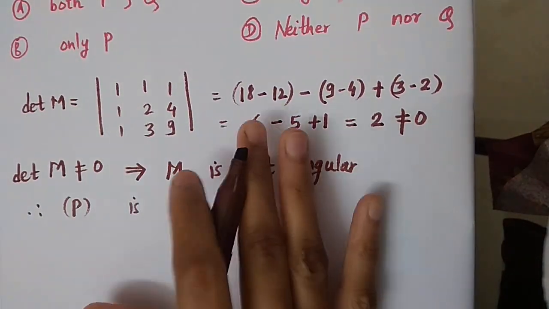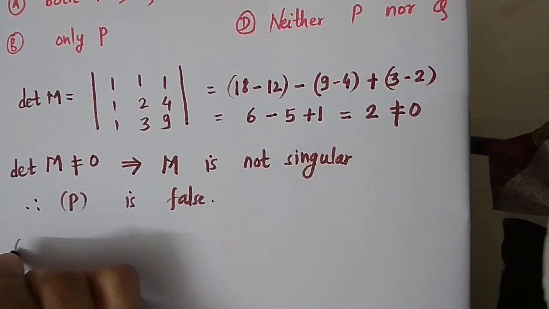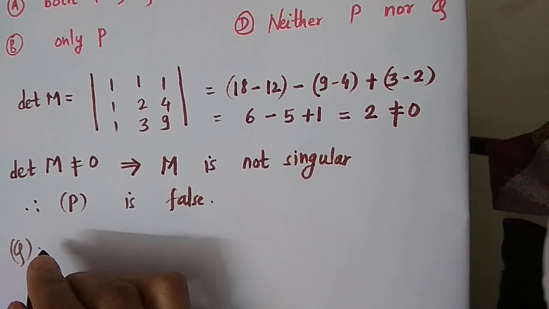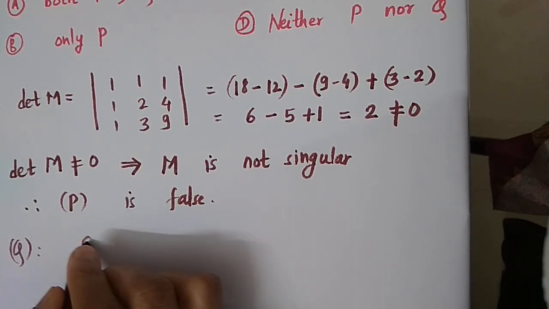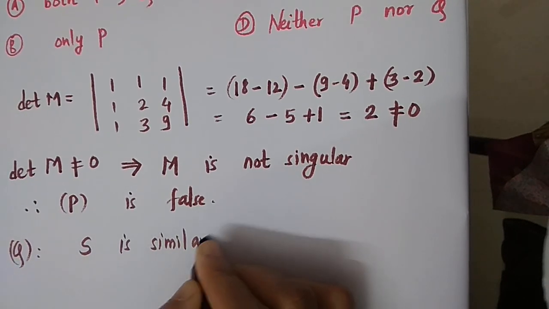Now, for statement Q, we are given that S is a diagonalizable matrix. So, S is similar to a diagonal matrix.